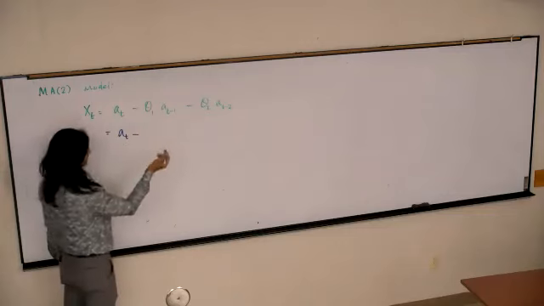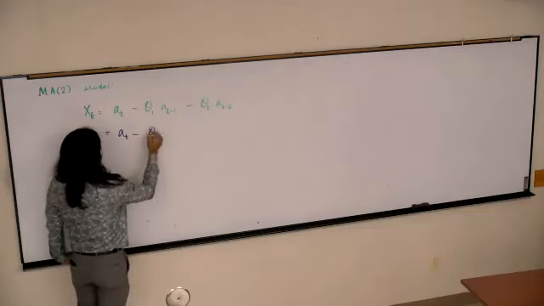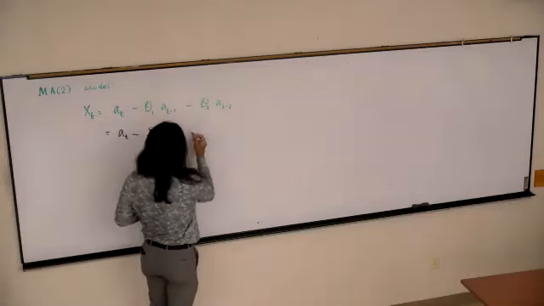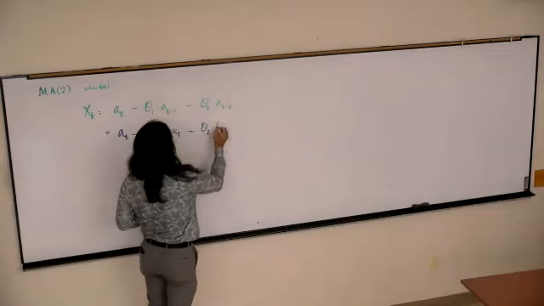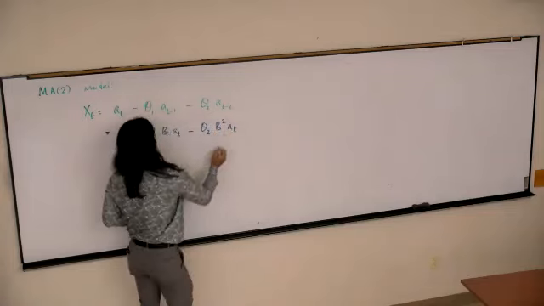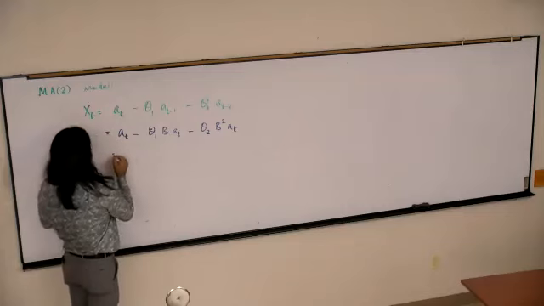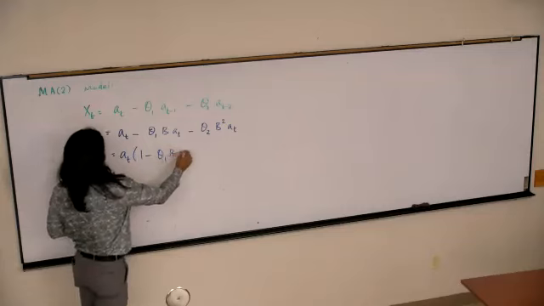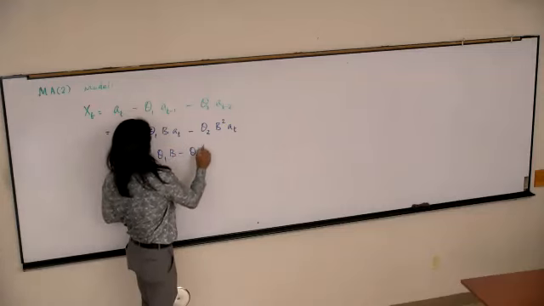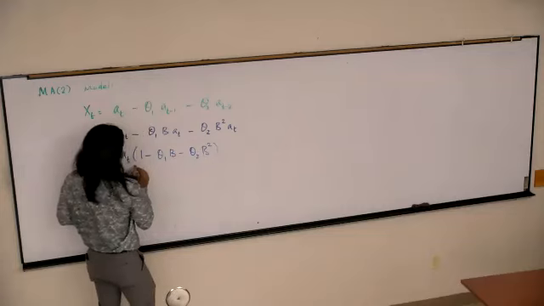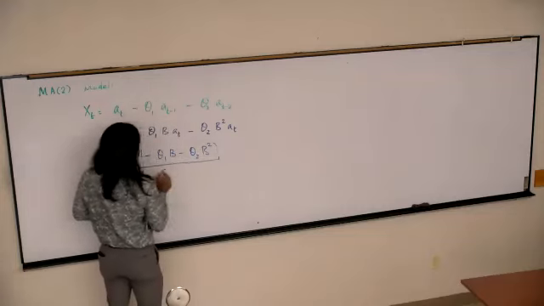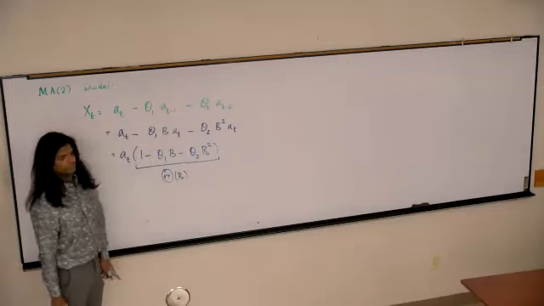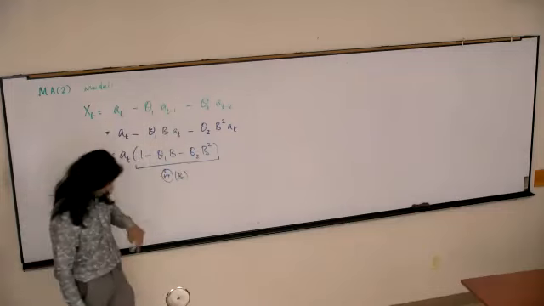If we write it in terms of the backward operator, this would be a sub t minus theta 1 B times a sub t minus theta 2 B squared a sub t. a sub t is in common: 1 minus theta 1 B minus theta 2 B squared. That is theta of B.